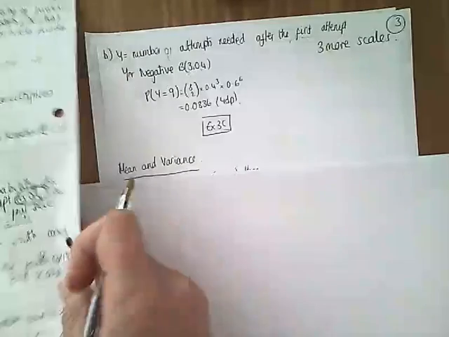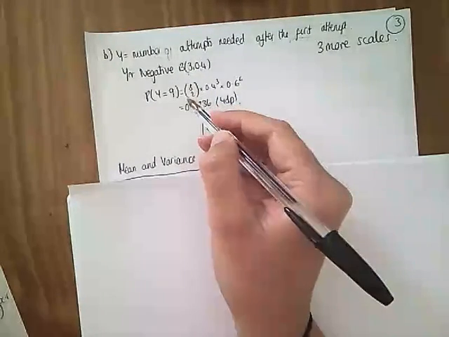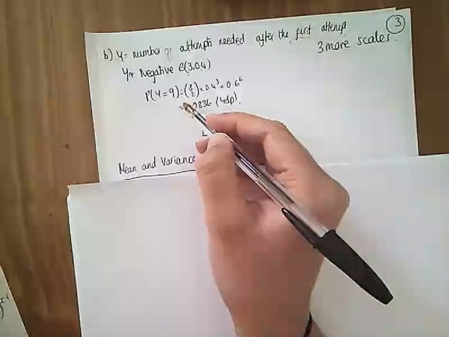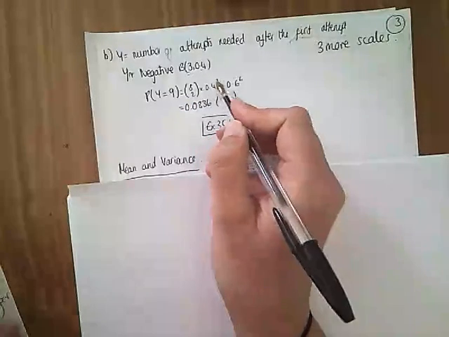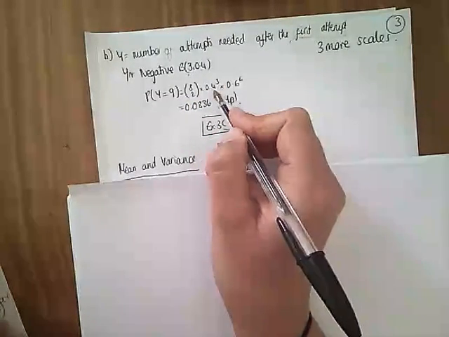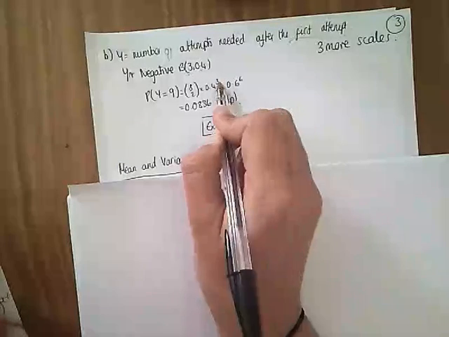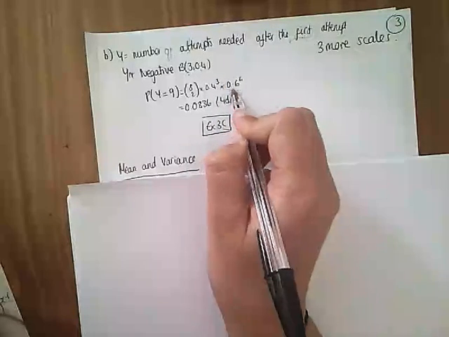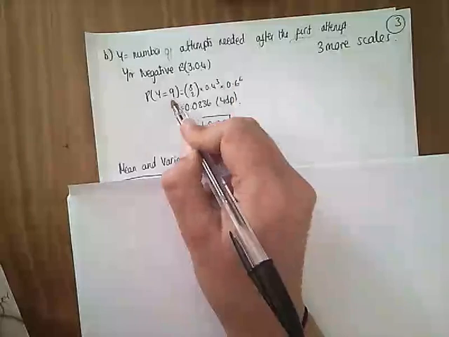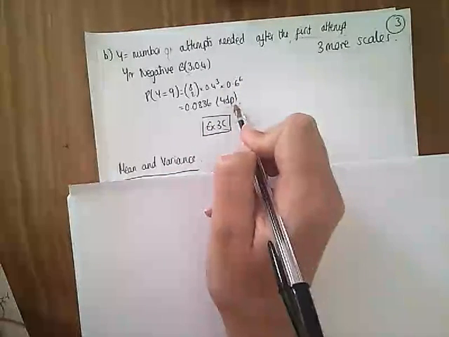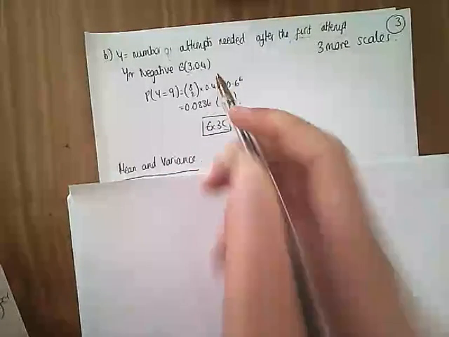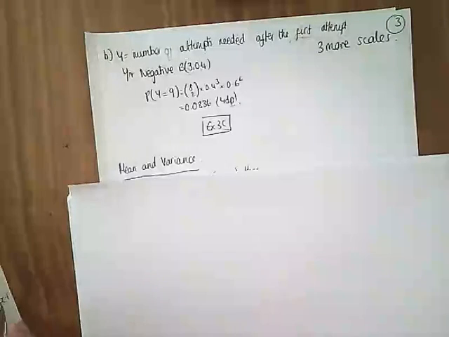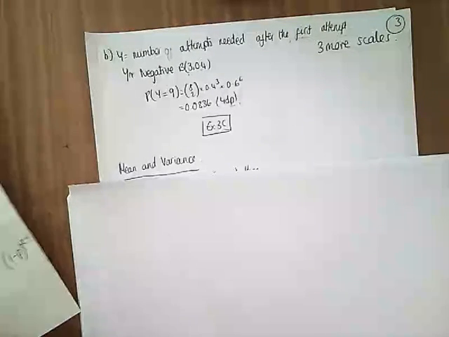X is 9, so we've got x minus 1 choose r minus 1, okay? Times by our probability of success to the power of r, times by our probability of failure to the power of x minus r, gives us that, okay? Right, that is negative binomial, you should now be able to do exercise 3C.